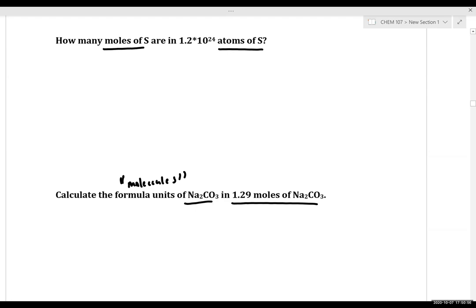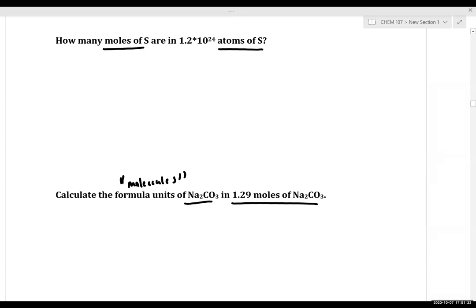Professor, when it says calculate the formula units, it's asking us to do what? Like how many moles? So formula unit, you can think of it as the simplest. A formula unit is very similar to the number of molecules of an ionic compound. Formula unit is just used specifically when we're describing ionic compounds. So when you read the word formula unit from a calculation perspective, treat it just like molecules. Does that make sense?